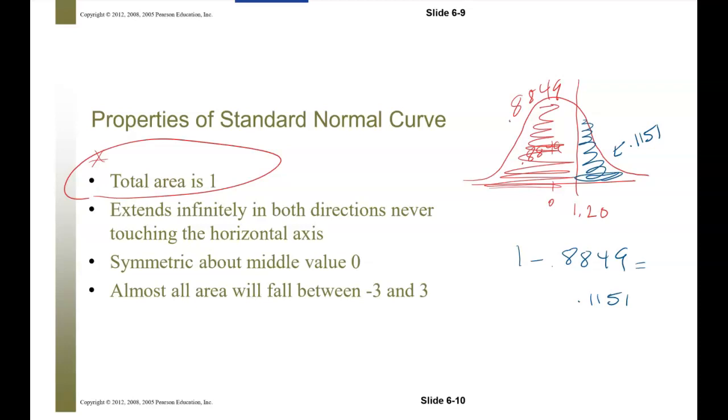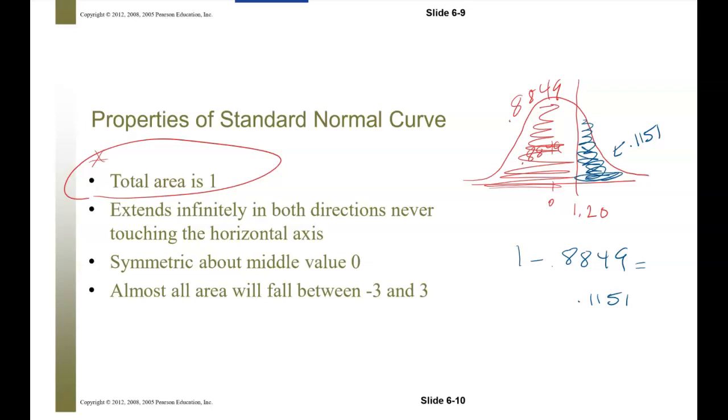Don't I have to subtract from one? If you draw pictures, it makes sense. Because 1.20 is to the right of 0, obviously it's going to have a smaller area to the right than it does to the left. These are the kind of things that can help you catch mistakes. I expect to see normal curves drawn all the time.